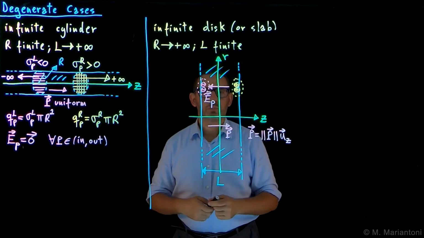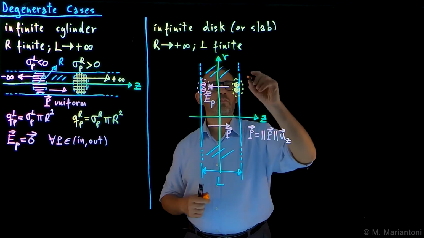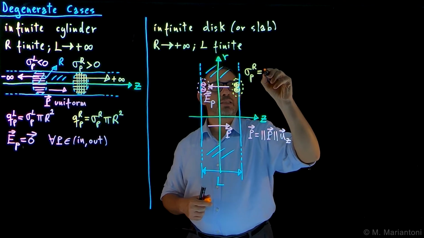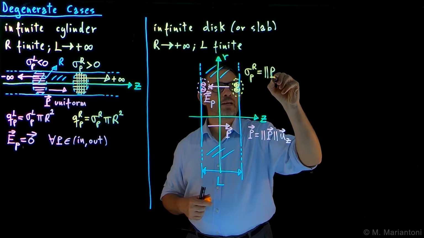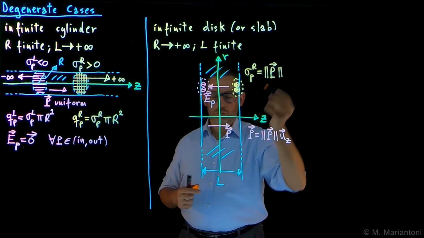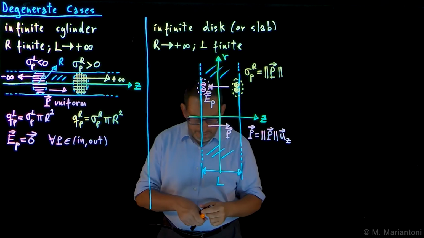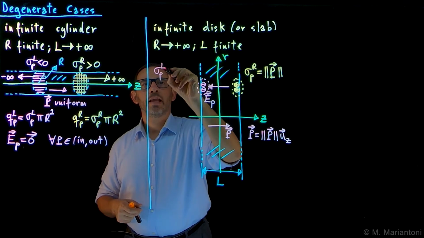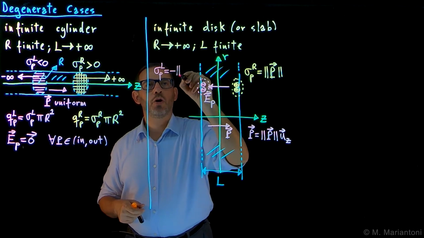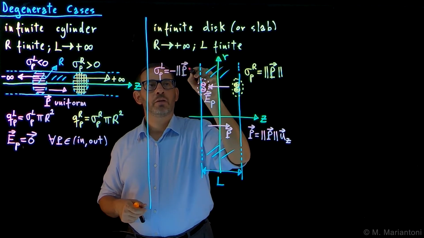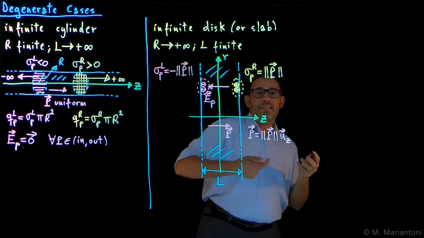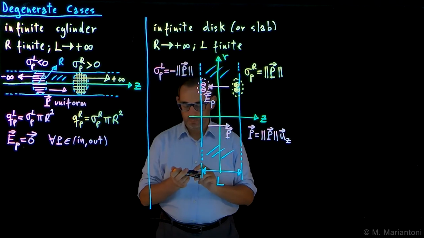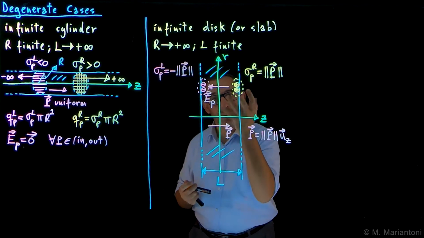So again, we're going to have a sigma_P on the right hand side, which is positive and is just the norm of capital P vector in absolute value. Similarly, there will be a negative sigma_P on the left, which is equal to minus the norm of capital P vector, where we use the definition sigma_P equals P dot n. We've done this in the previous video, so I'm not going to redo that. One is negative and the other one is positive, as expected from the intuition.